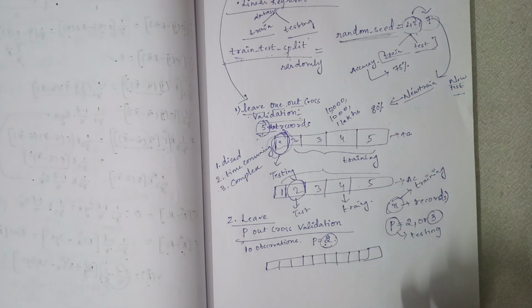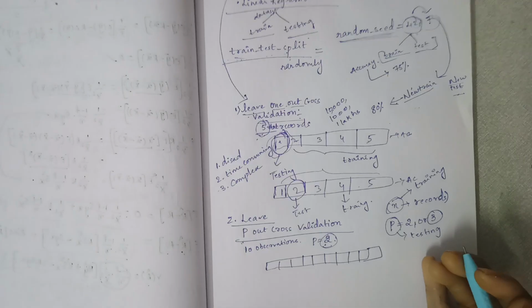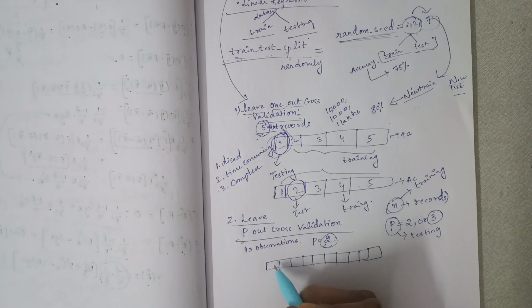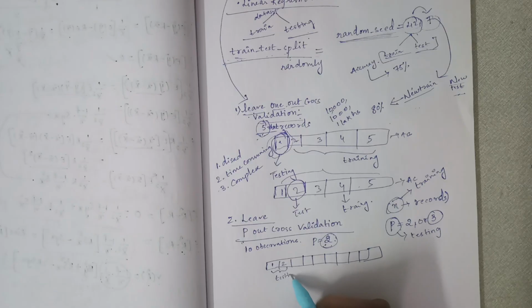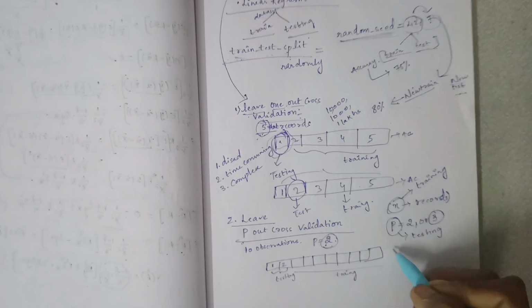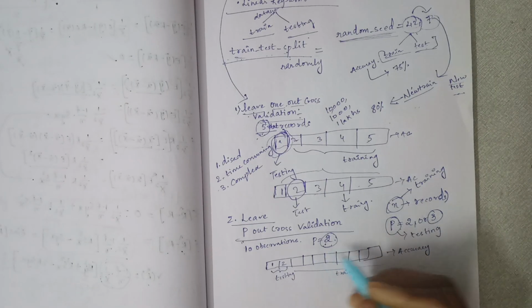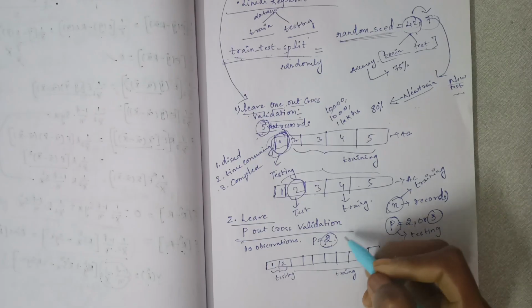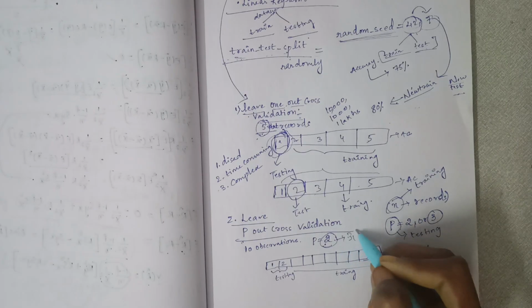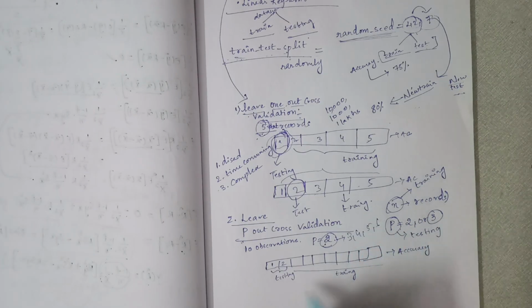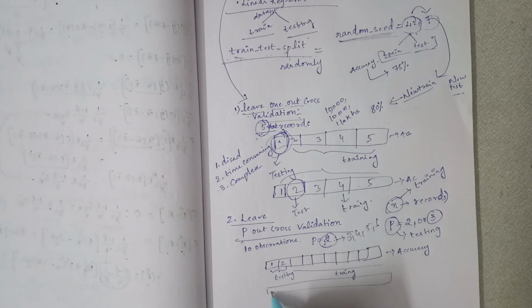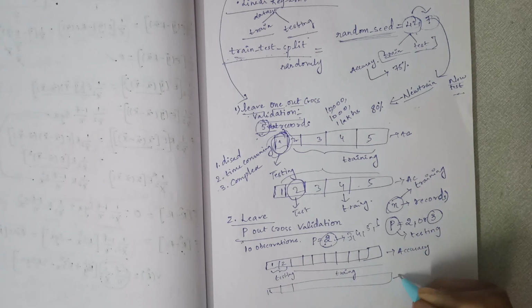To explain better, I am taking the first and second value for the testing, and all the rest for the training. And again you calculate the accuracy. And then as you change the P value from 2 to 3, 4, 5, 6, this goes on and you calculate the accuracy.